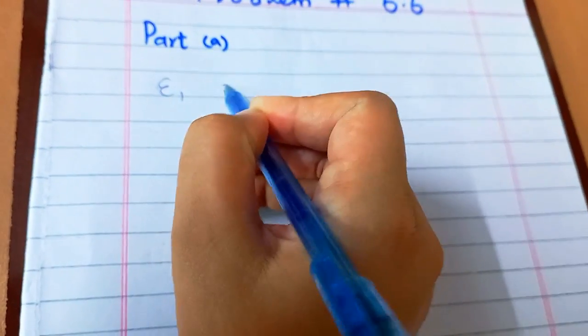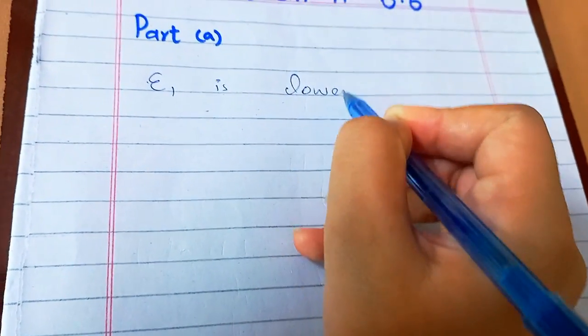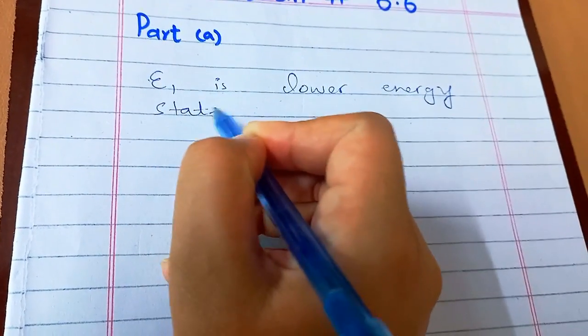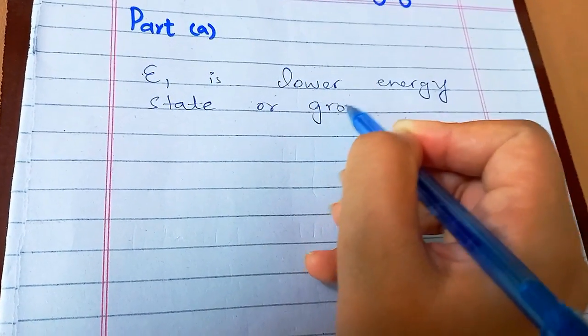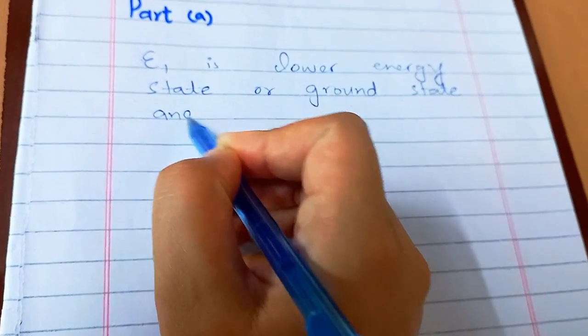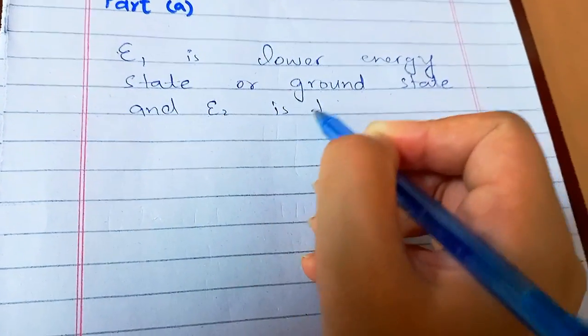Here we can see that E1 is the lower energy state or ground state you can say, and E2 is the higher energy state.